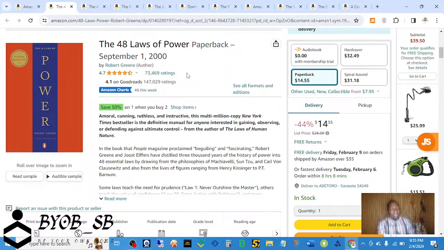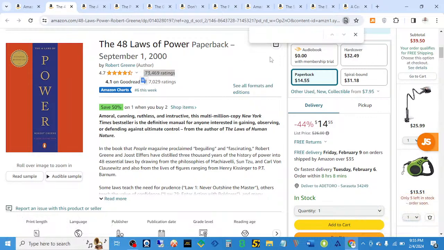Now, what that means is if you see anybody on Amazon that has one review, it means on average the person has already made 10 sales. For this person to have this amount of reviews, which is 73,469, we are not talking about whether it's positive or not.